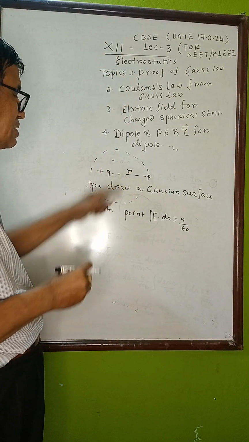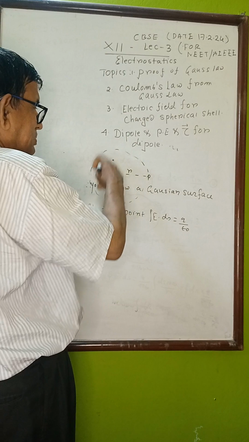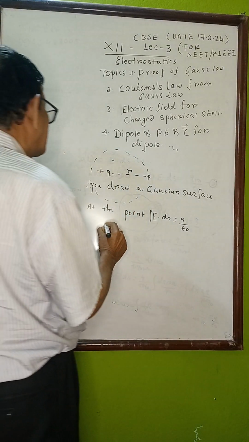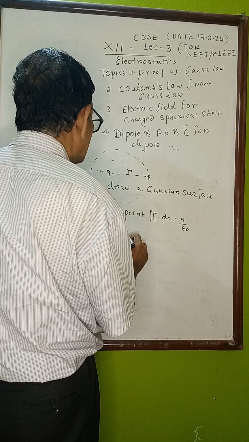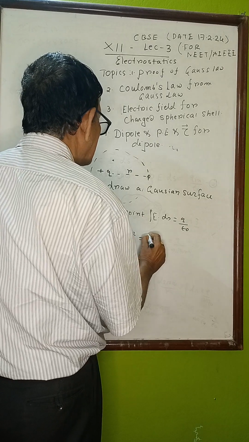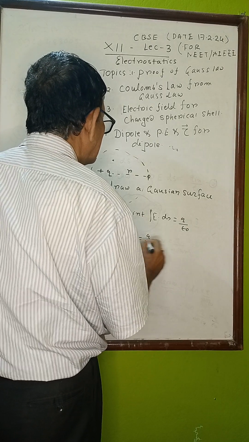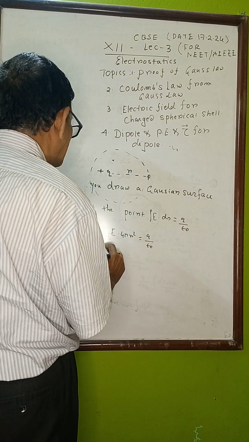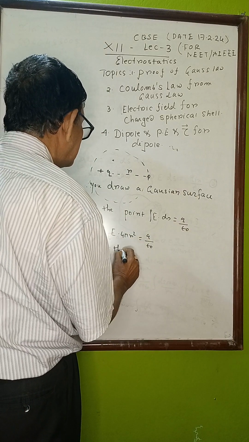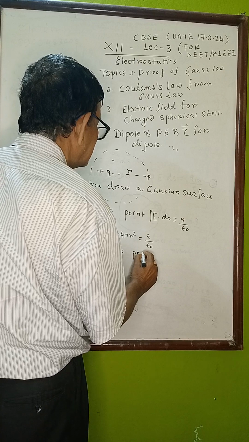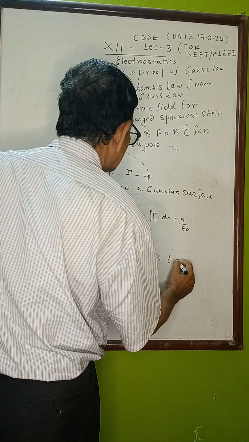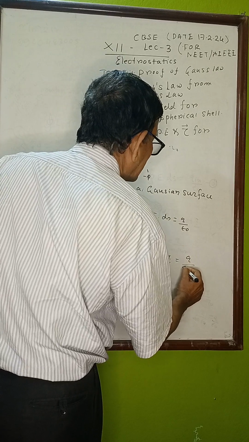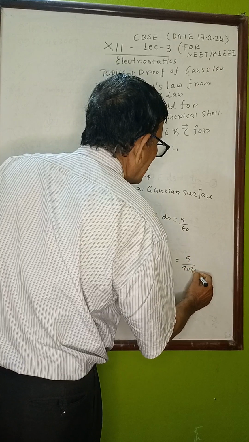Now if you consider all ds, that means the total area of the spherical surface, 4 pi r square, you are getting q by 4 pi epsilon naught. So at the point P, E equals q by 4 pi epsilon naught r square.